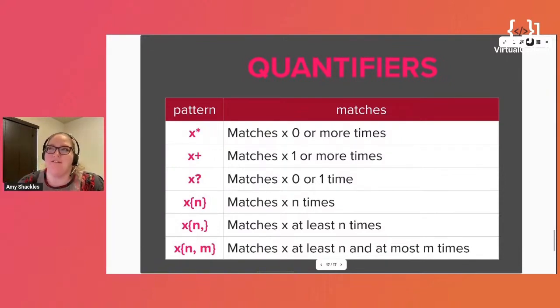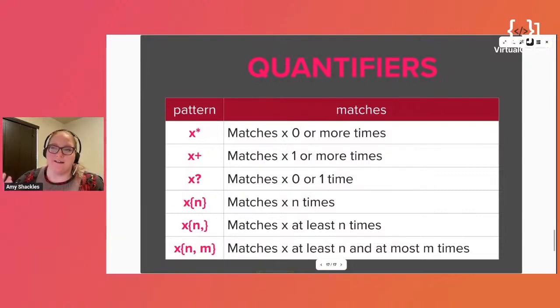You can have a capture group, which we're not covering in this talk, and a capture group can be multiple things, and in that case, the quantifier applies to that group of things. But if you see it next to a character by itself, not in a capture group or a non-capture group, then it's applying only to one character.